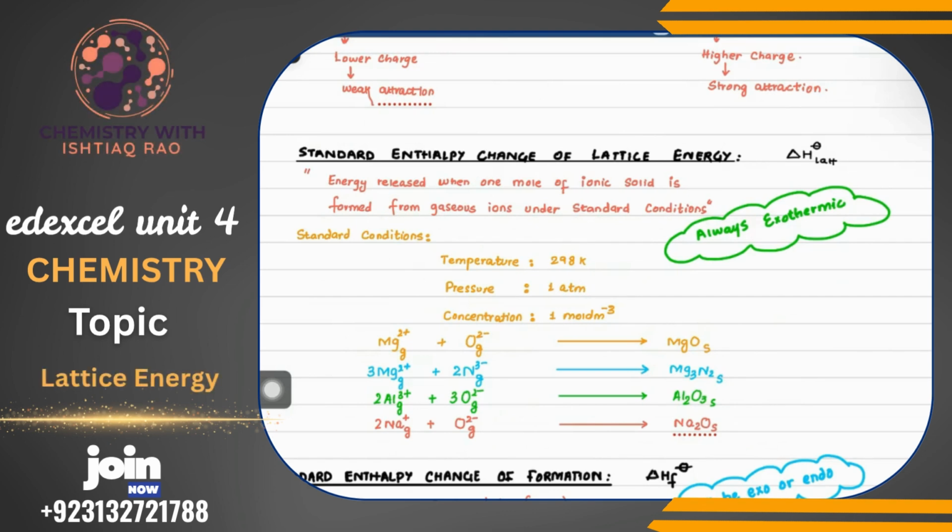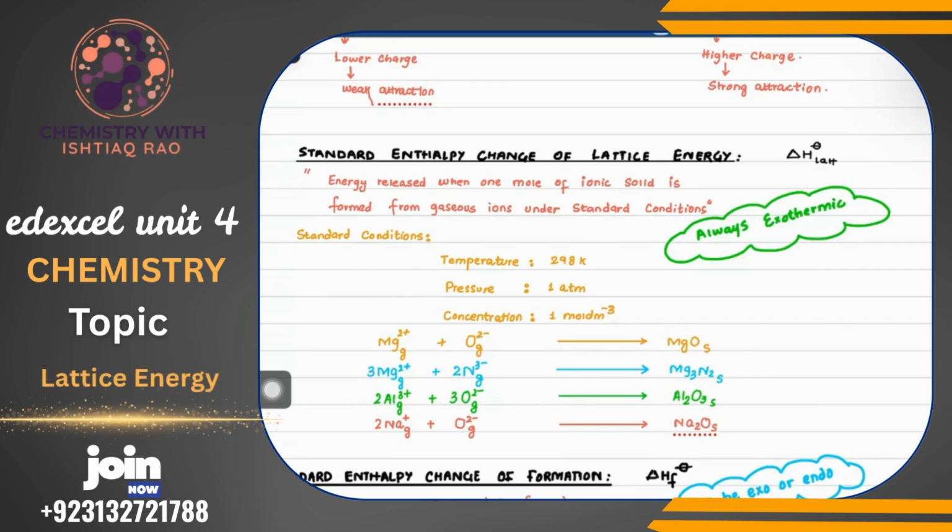Let's say I'm going to form aluminium oxide, that is solid. So I need to write the ion of aluminium, that is +3, as we know the charge on aluminium is +3. And then O2-, as we know the charge on oxygen is -2, in gaseous state. Then you have to balance the equation. Again, I am saying it should be 1, 1, 1, 1.